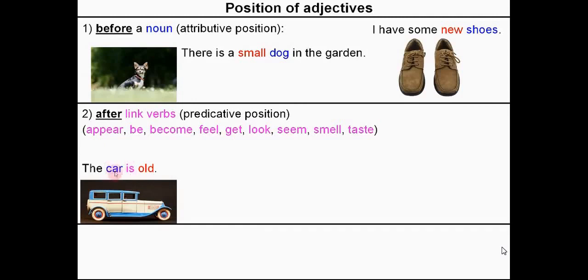And this is the noun. And this is the adjective. And as you see, the adjective is after the link verb. Okay? And it is also, obviously, after the noun as well. But the important thing to remember is that the adjective is after the link verb.